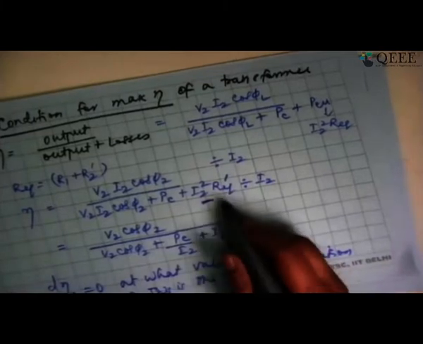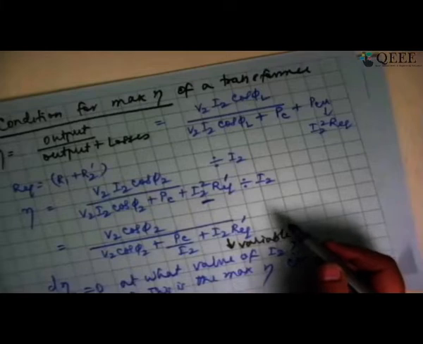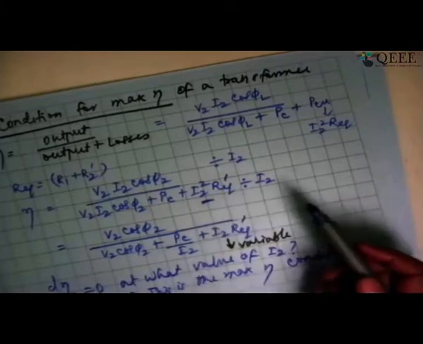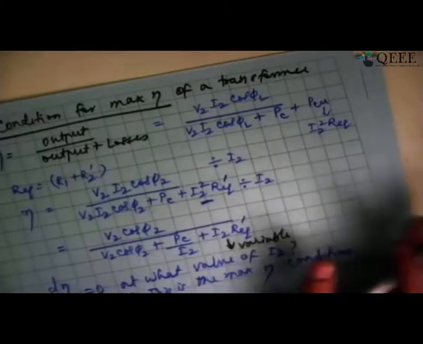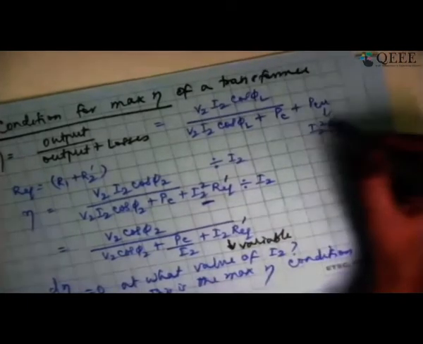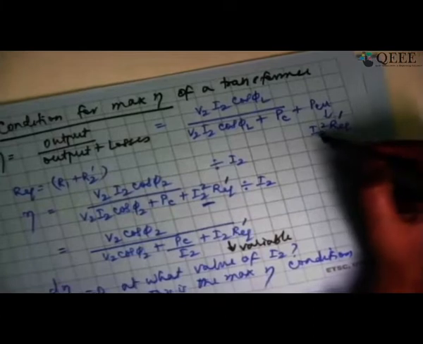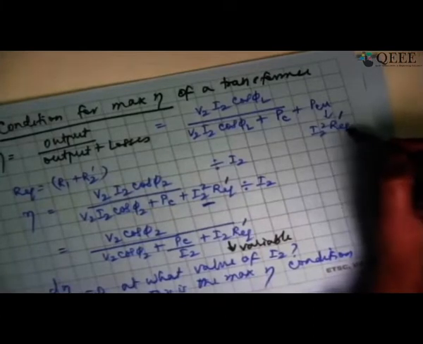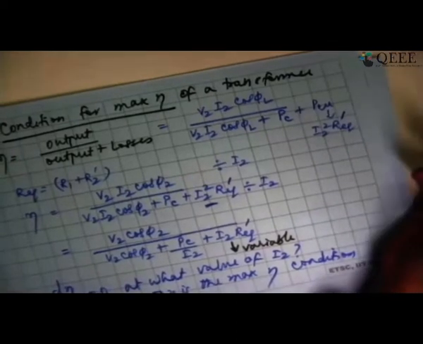Whether we consider R equivalent or R equivalent dash, it is a constant for a given transformer. We have determined it and it is a constant, so it should not matter. If I am taking I2 dash, then I should have taken R equivalent. If I am taking I2, I should have taken R equivalent dash because everything is seen from the secondary side. Either way is fine. I hope that question is answered.